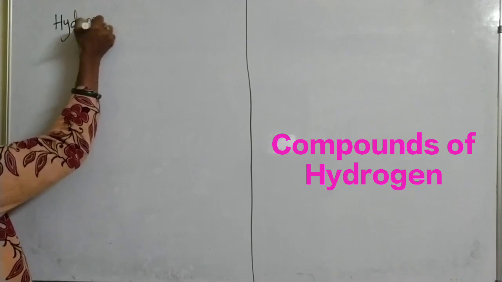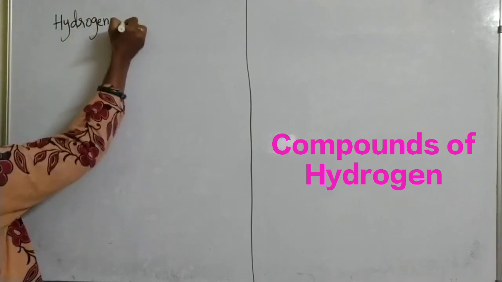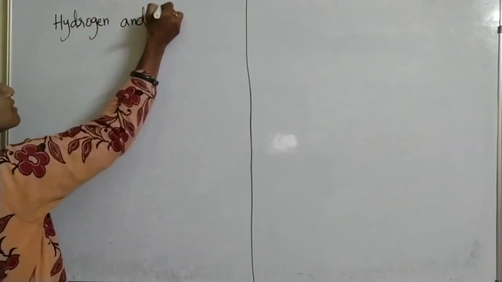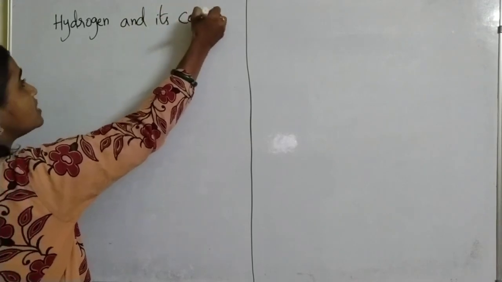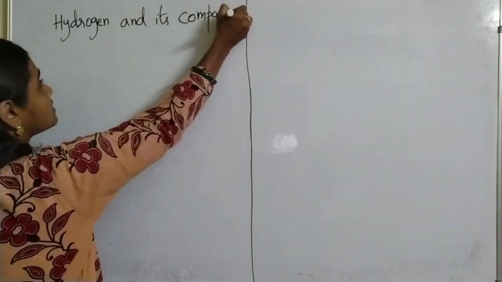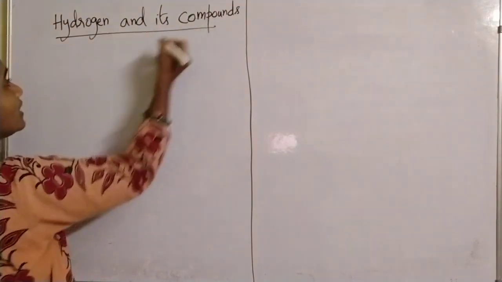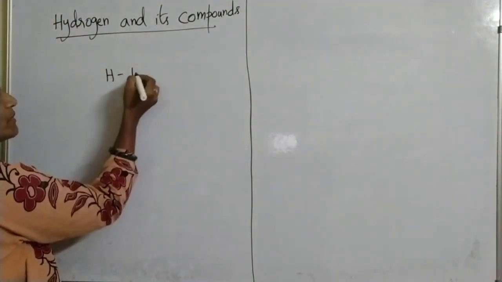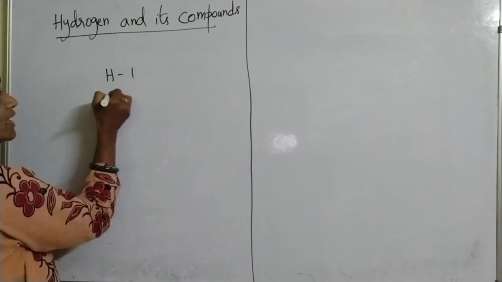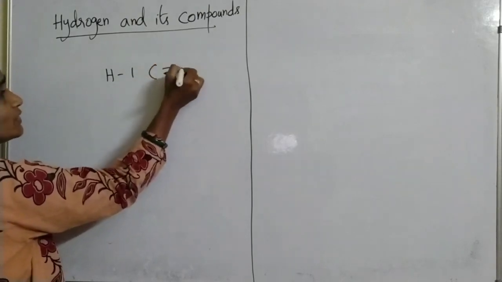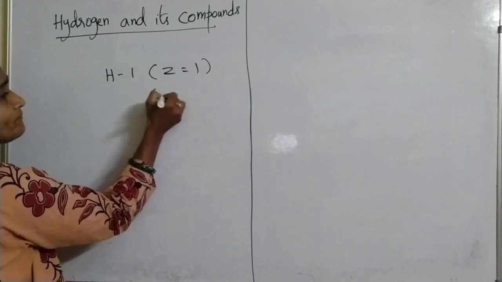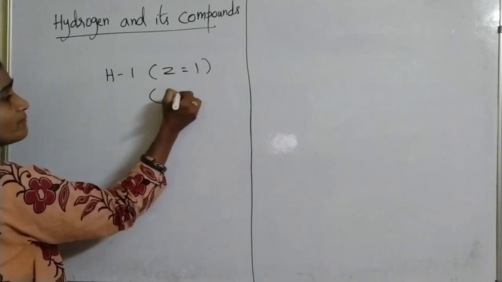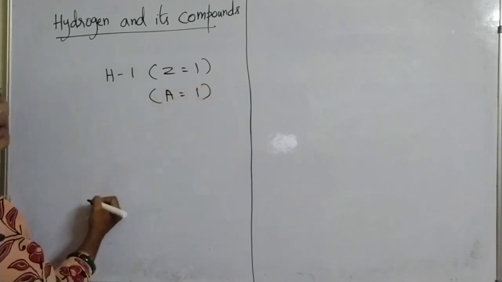You are all aware that the hydrogen atomic number is 1, atomic mass is also 1. Z is equal to 1, and mass number A is also equal to 1.